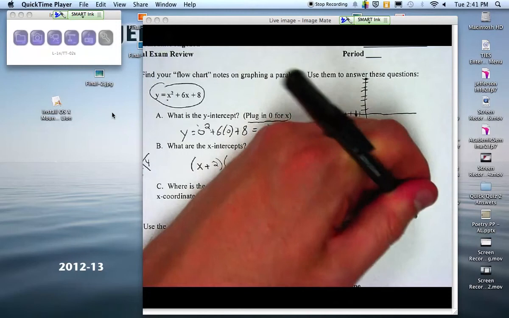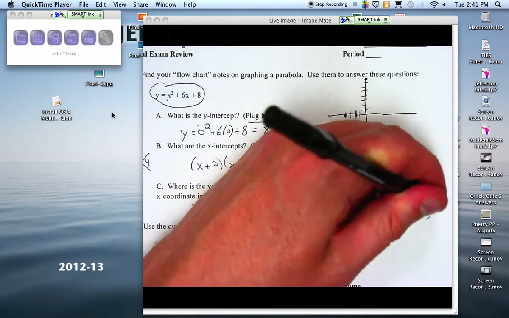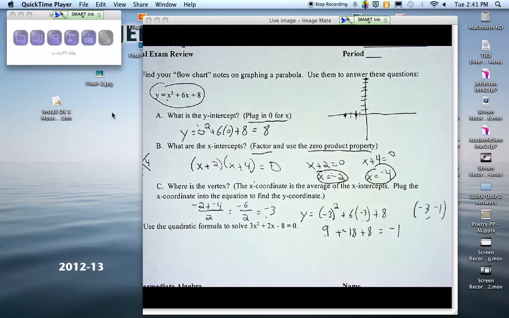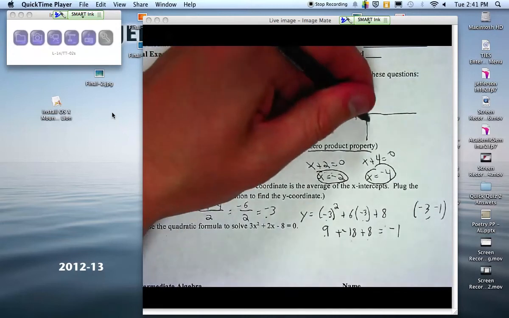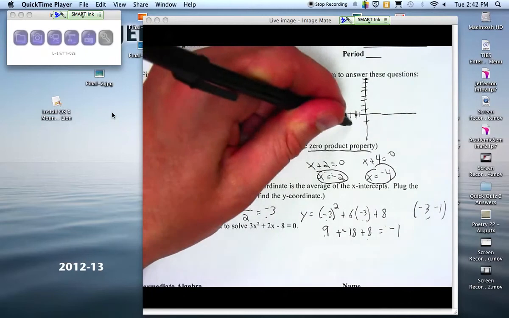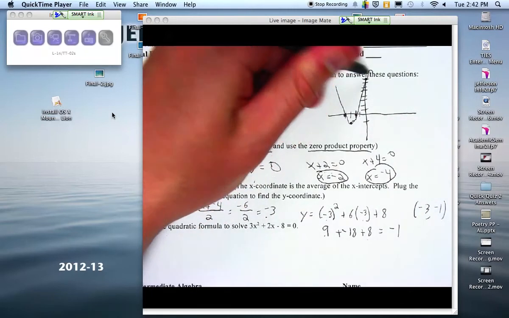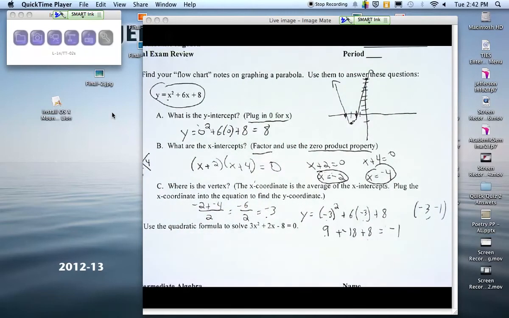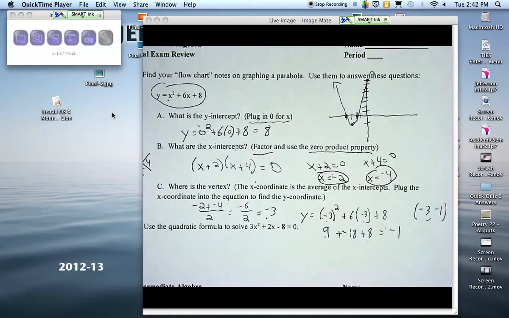And so the vertex is at negative 3 comma negative 1, and so that's just going to be right here, right in between those x-intercepts, and I connect them up in my nice U shape. I've got one of those fun parabolas from Chapter 8. Right, and so again, this is definitely, I think, something that you'll remember once you practice it a little bit, and you'll definitely want in your notes for the final exam.